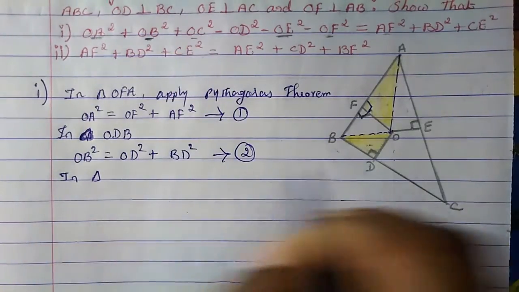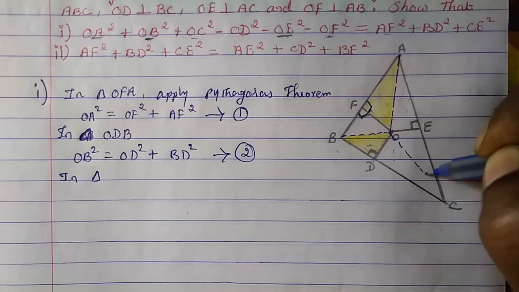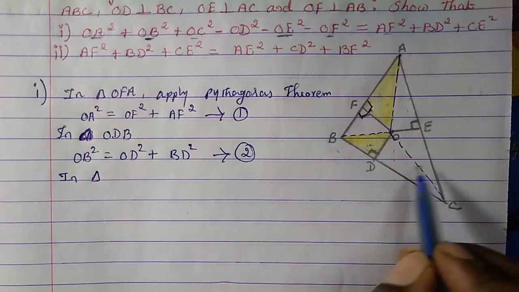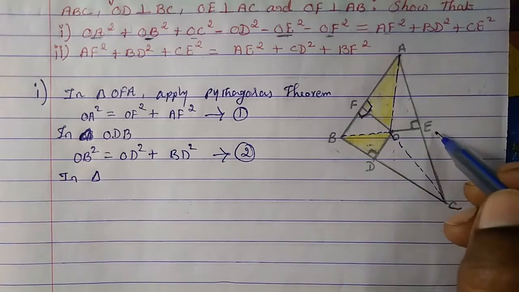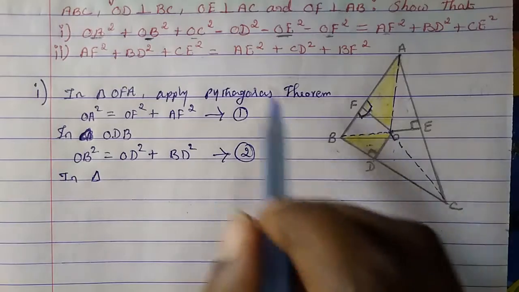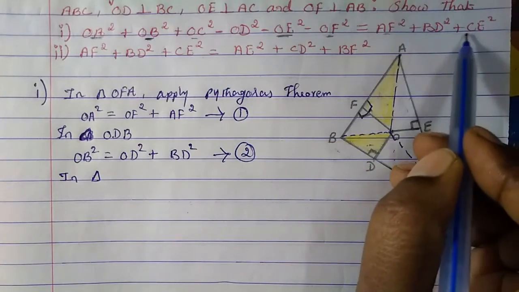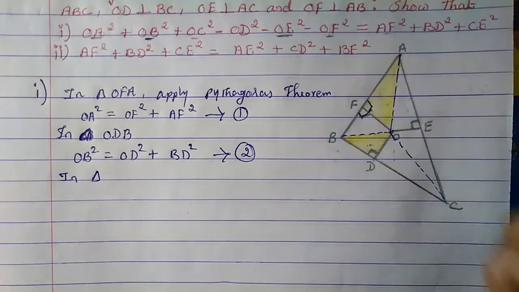Same way we will do it with OC square also. Where is OC? Here. Now which triangle to take, this or this? If you are taking this triangle, then OE is there, CE is there. OE square, CE square is there.